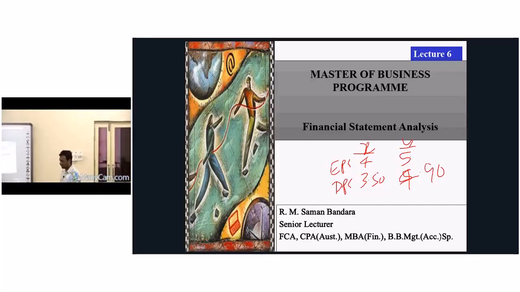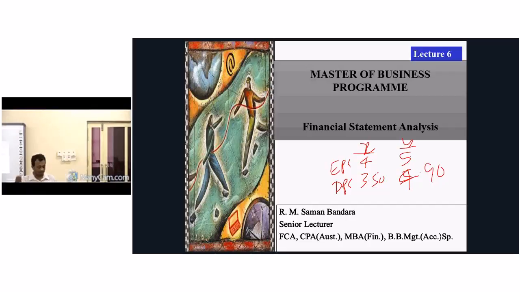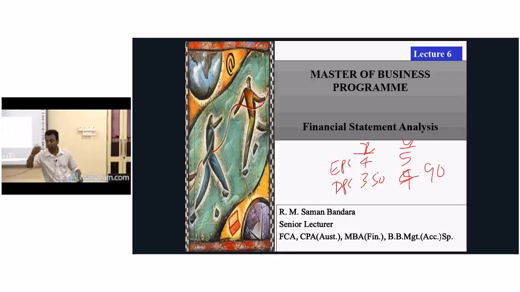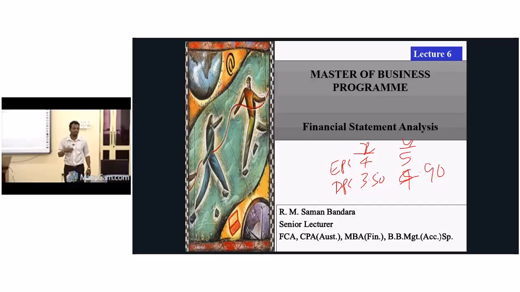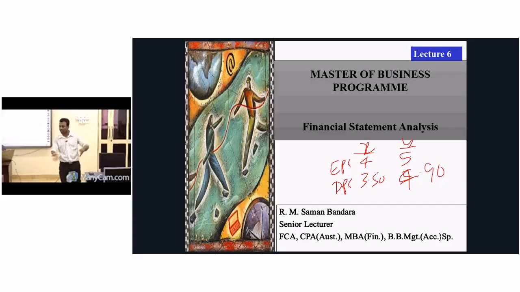In the other one, 4.9 divided by 5 is 98%. That means out of the total earning, already it has been paid by the company. How much? 98% in Y company. But in X company, they have paid only 87%. In that case, if you are going to take new investment, you have a chance to get something in the future. Understand? If it is already paid, you can't get anything now. Already paid.